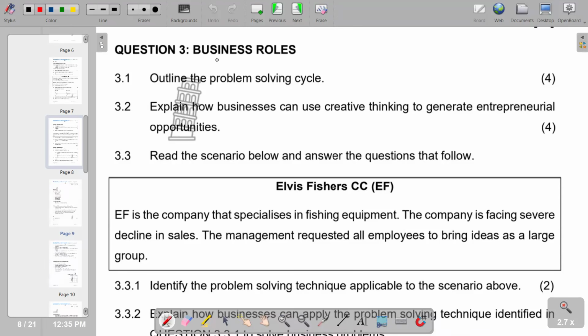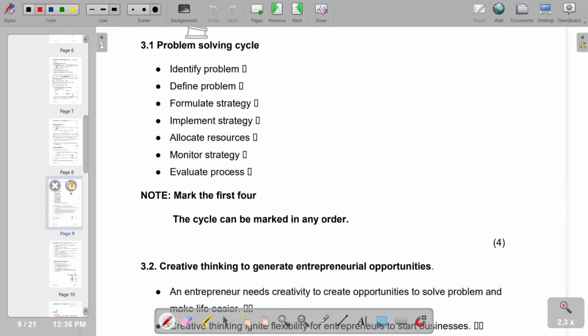Moving on to our question 3, it's on business roles. So the first question reads, outline the problem solving cycle. Obviously, it involves identifying the problem and defining the problem. So we check the steps that we are supposed to follow in the problem solving cycle.